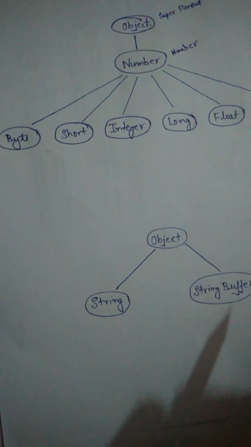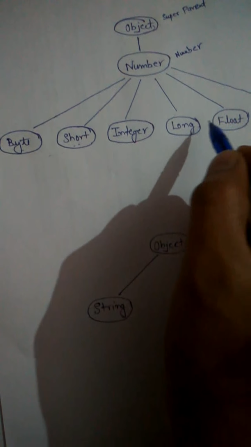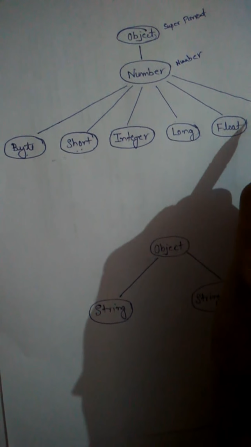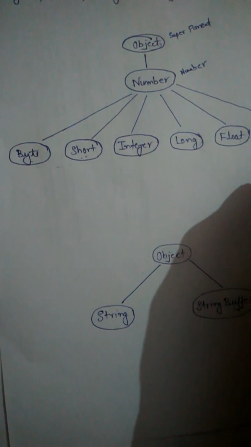So here a Byte cannot be widened into Short, Integer, Long, Float, or Double because these are all in the same hierarchy. The widened type for all these wrapper classes is Number.